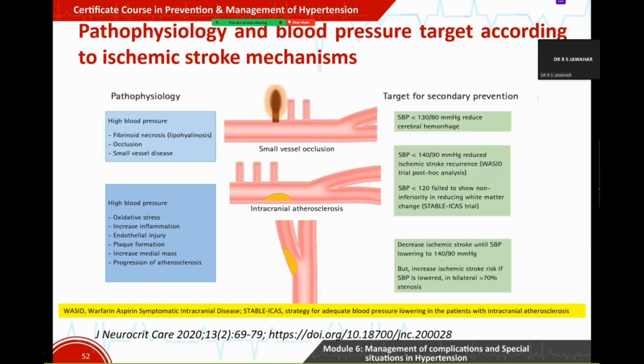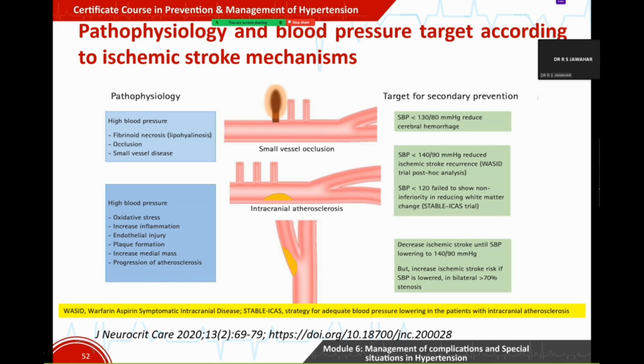Now the pathophysiology and blood pressure targets according to ischemic stroke mechanisms. With high blood pressure, there will be fibrinoid necrosis, occlusion, small vessel disease. Target for secondary prevention: systolic blood pressure less than 130 reduces cerebral hemorrhage.